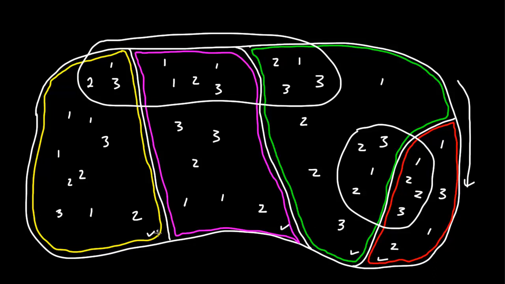We could say the yellow here represents grassland, the pink represents shrubland, the green represents forest, and perhaps red represents desert. And within this landscape we've got 3 different species labeled 1, 2, and 3. And so we've got multiple sites where each species occurs in each one of these habitats throughout this landscape.